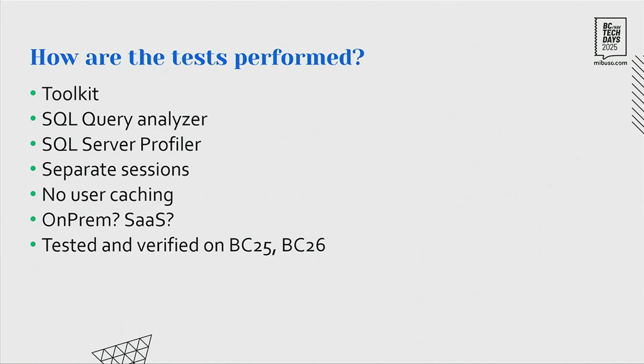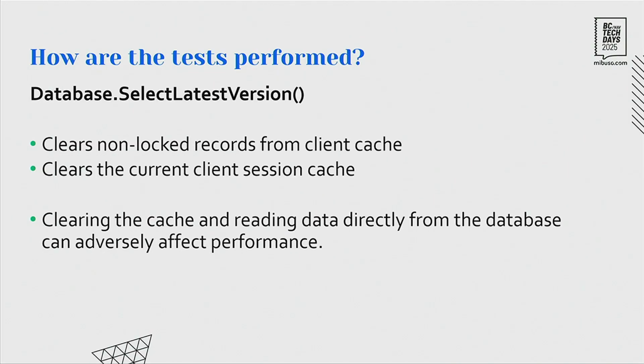I will show that in a bit on the first example. But I didn't test on previous versions, so it's possible that some of the features you cannot use on earlier versions.